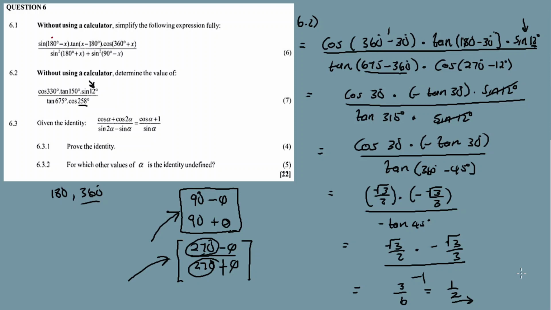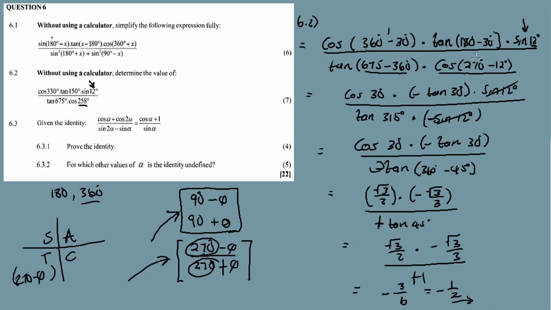Distracted a bit there. Let's go back. CAST. Right, 270 minus 12 degrees places it here, and this should be negative. So this one is negative, and if this one is negative, it means the other will be positive. Yeah, it makes sense.